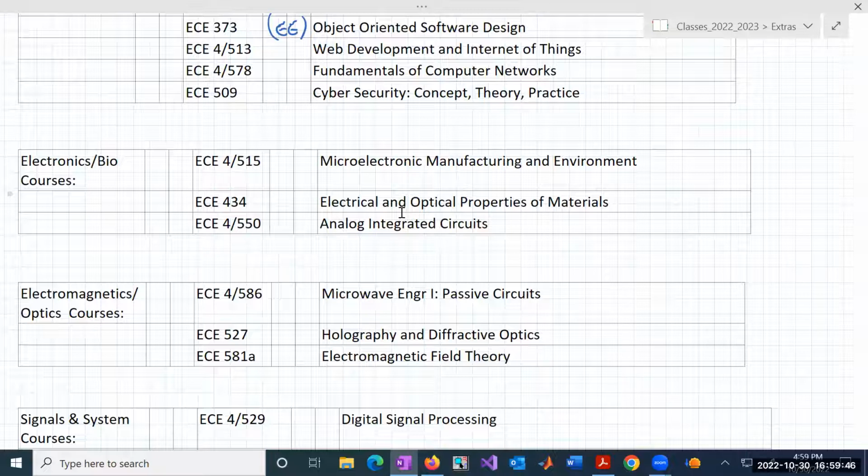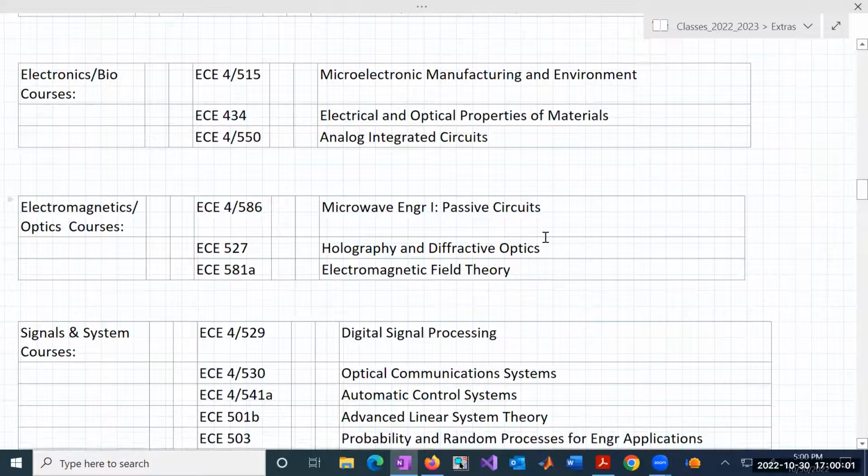What can you now put together and understand from an electrical and optical perspective? Analog integrated circuits, hopefully we'll be able to offer that. That's 450, 550 in the fall semester.